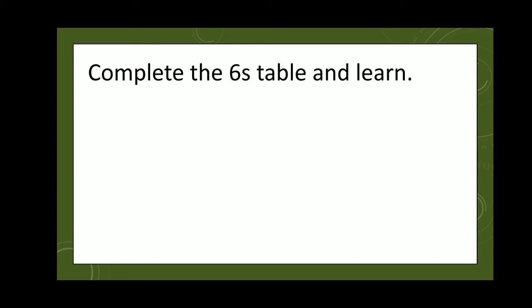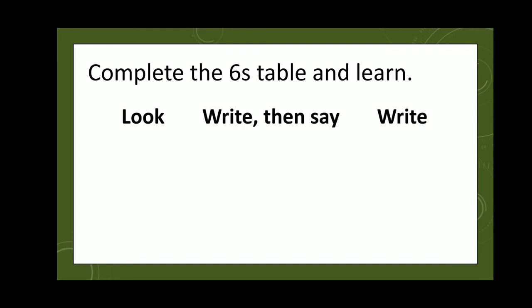Now learn the table of 6. First look, write, then say, then write the table. As you can see, a dice having some numbers. It means 2 sets of 6 having 12 dots. It says 2 sixes are 12.